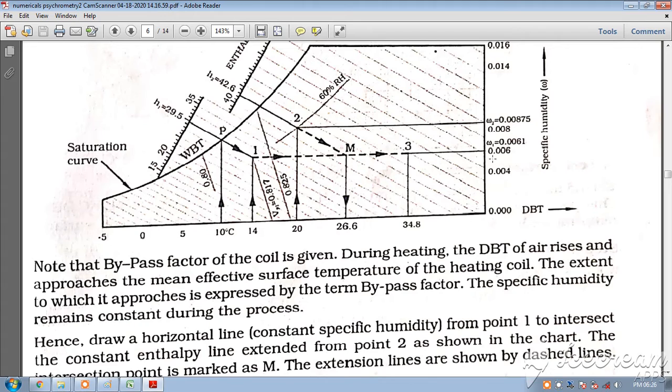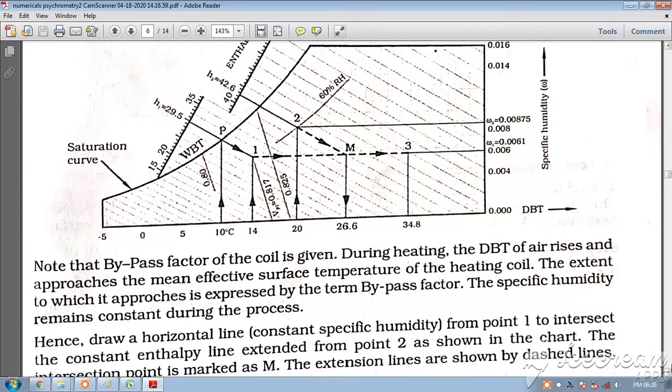Here the moisture level omega 1 is 0.0061, omega 2 is 0.00875, the enthalpy here is 29.5 kilojoules per kg, and here the enthalpy is 42.6 kilojoules per kg. The third value, specific volume at point 1, is 0.817.